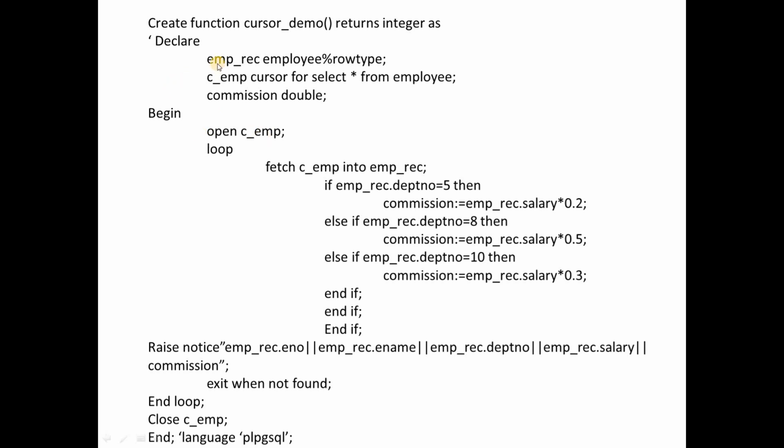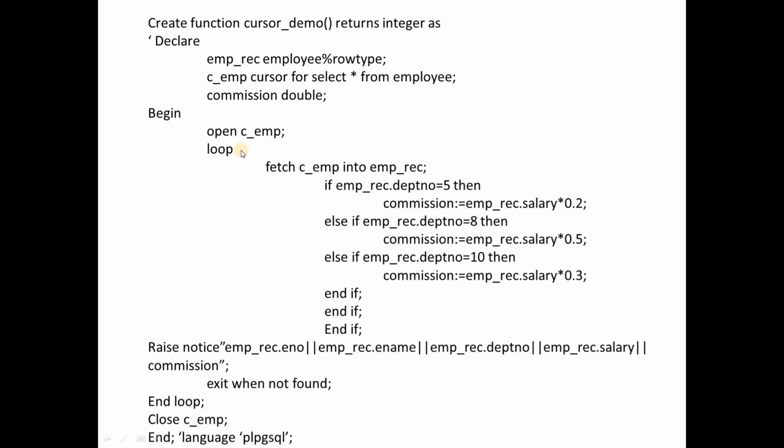After that the begin block is started here, or the actual procedural block working is started here. So first of all I declared a CEMP cursor, then under the begin block I have to open that cursor. So the open keyword is here, and CEMP is a bound cursor, that's why only the cursor name is provided here.